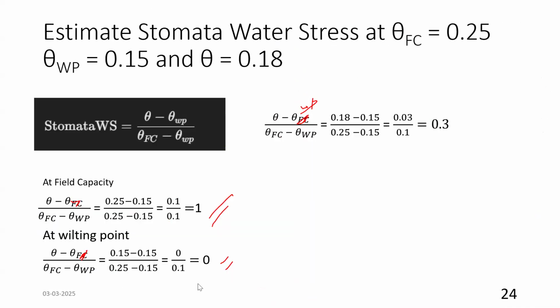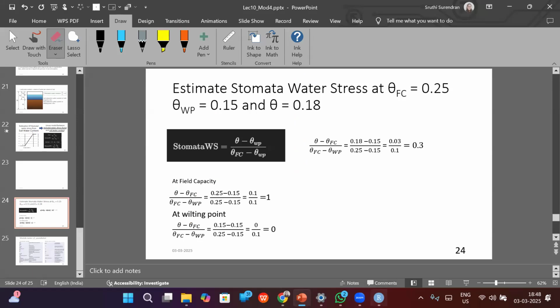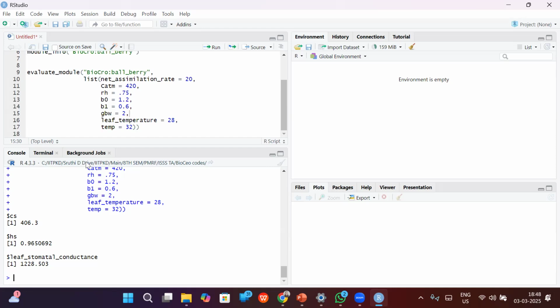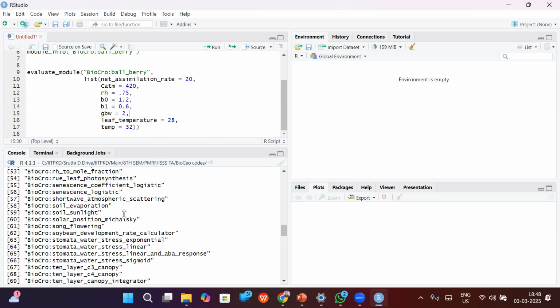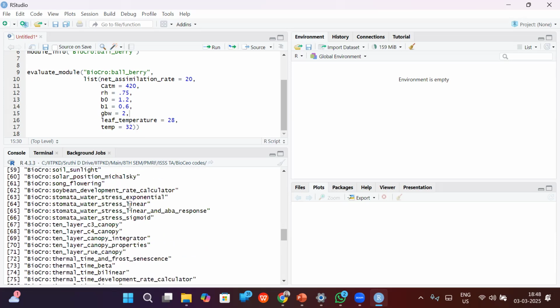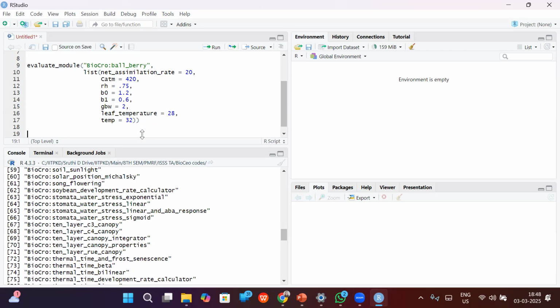So, how do I apply this in BioCro? I go back here to see if there is any stomata water stress module. And I see there is a stomata water stress module linear. So I will take this and go to module info.